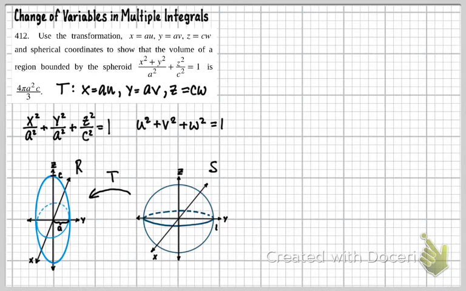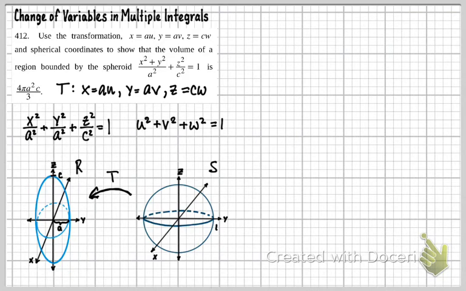So now, once we figure that out, we need to find the Jacobian because we're talking about a volume here. We're going to take the volume of this sphere, but we need the Jacobian so that we can multiply by it to get the volume of this region R. That's where we're heading.